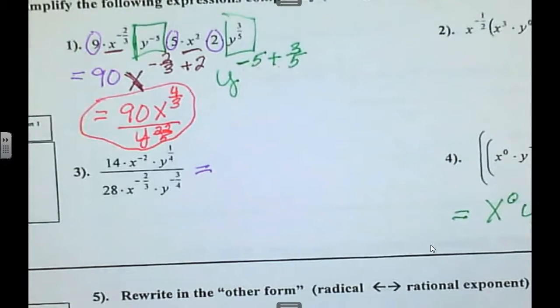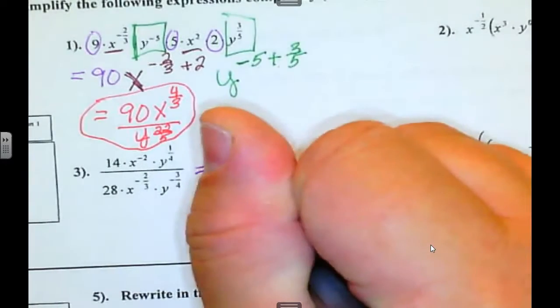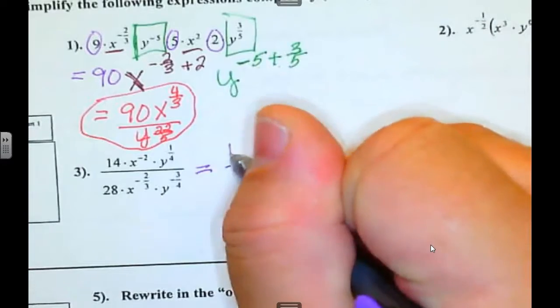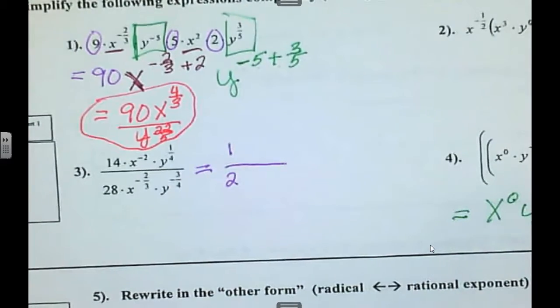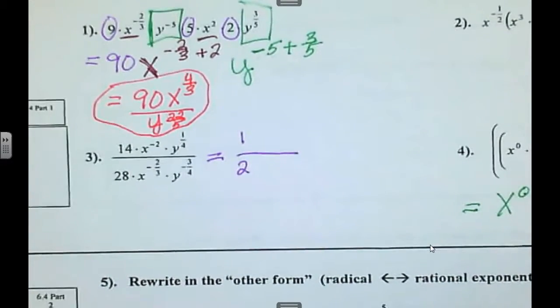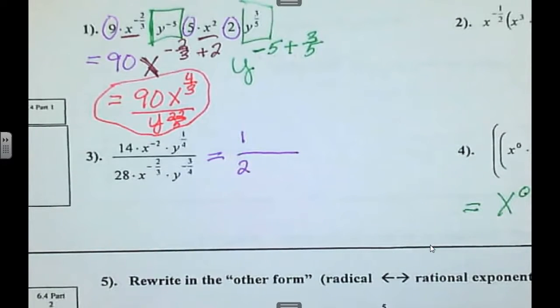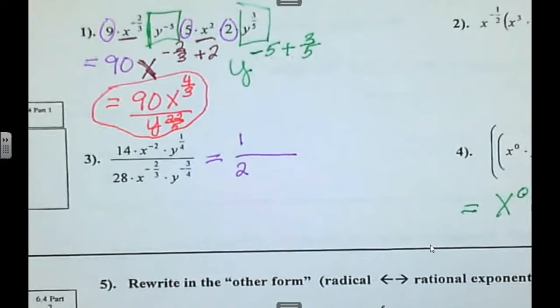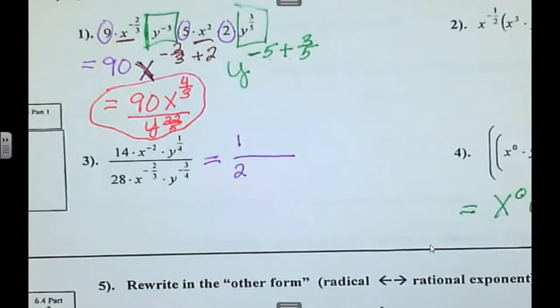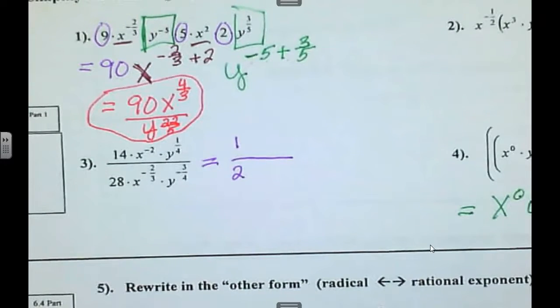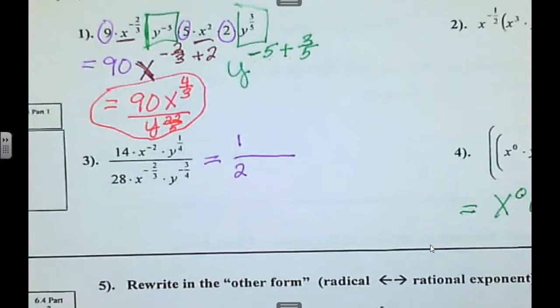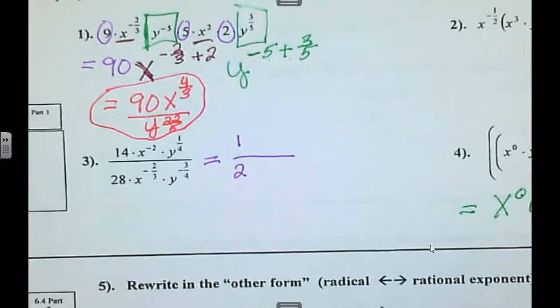Yeah, 1/2. Okay? Not 1 over 1/2, not 2 over 1/2, not 2 over 28, not 28 over 14, not... you would not believe the answers I get from you guys. 14/28 reduced is 1/2.